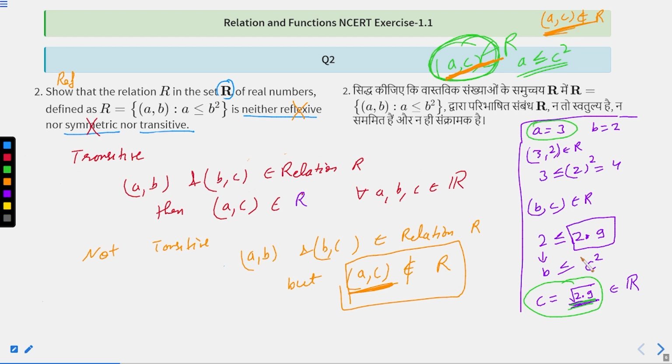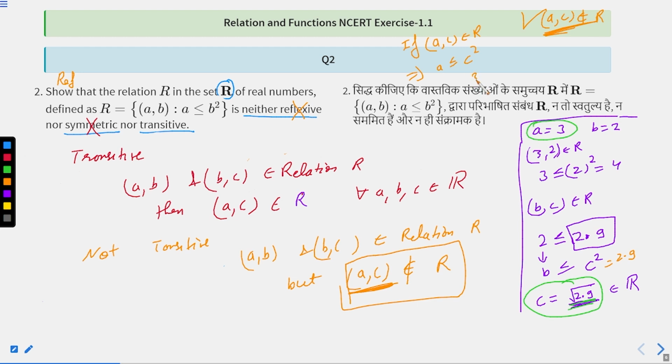So I took C squared equals 2.9. This means C equals root 2.9. Now let's say (A, C) belongs to R. This means A must be less than or equal to C squared.